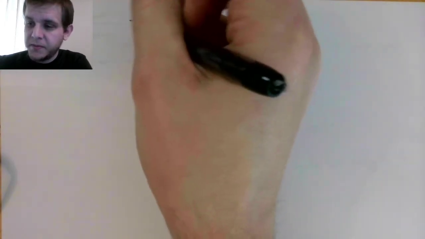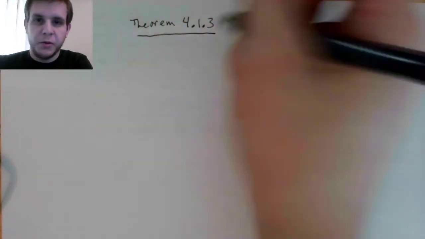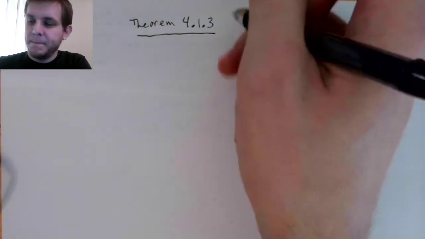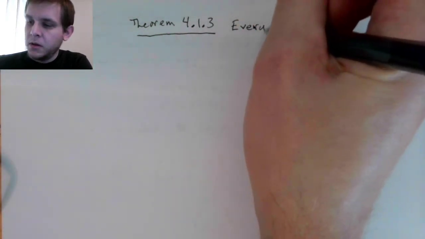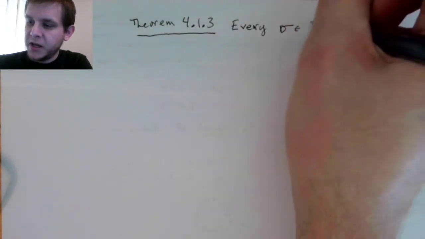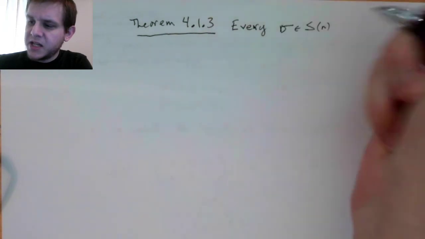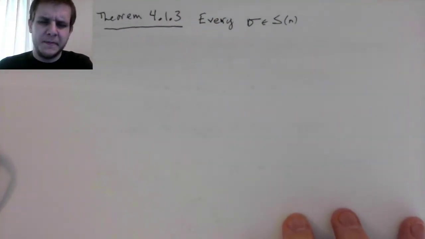So here's our theorem. I think it's 4.1.3. Every permutation, so every sigma in S, and yesterday I used S sub n, I'm going to now switch to the book's notation, which is S of n.